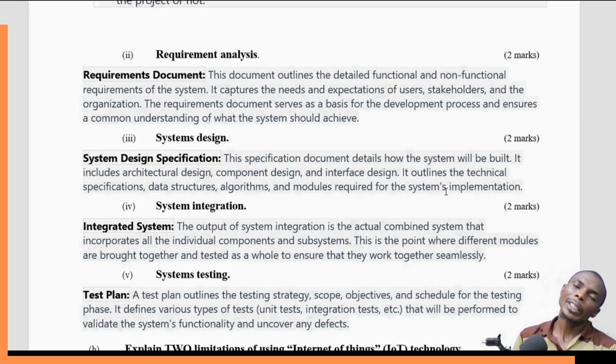So if there's some part or a module that is not operating optimally or as was projected, then necessary changes can be made, and necessary defects detected.